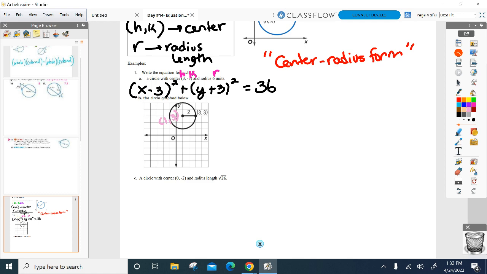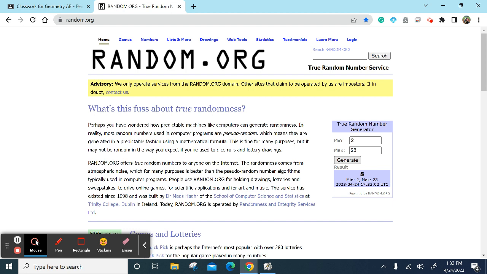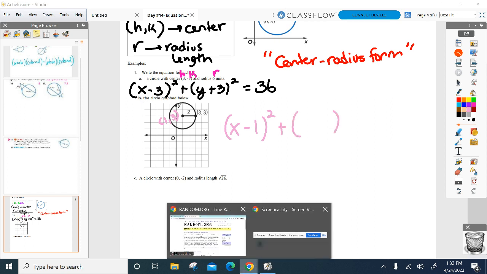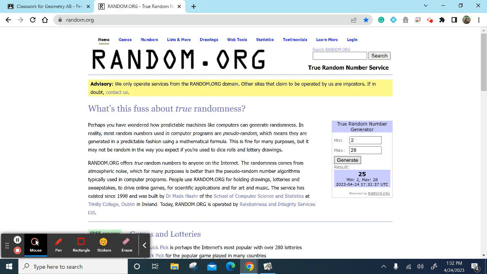All right. What's the h value of (1, 3)? 1. So (x minus 1) squared. Second parenthesis, what's my k value? 3.